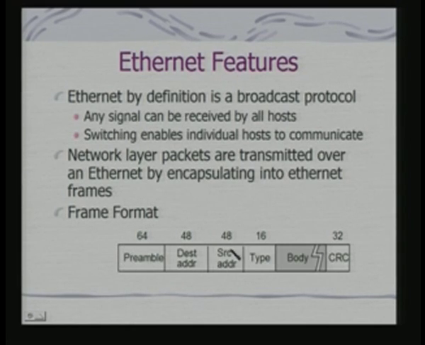If you look at this Ethernet frame format, you will find that you have a destination address and a source address. By using the destination address, a processing element or a computer would know whether the packet is intended for it or not.